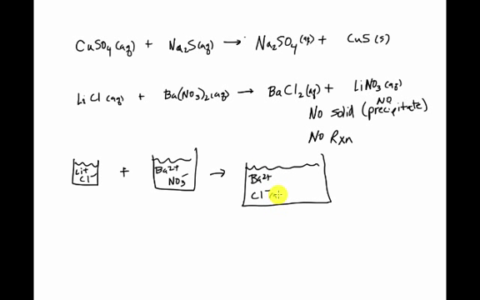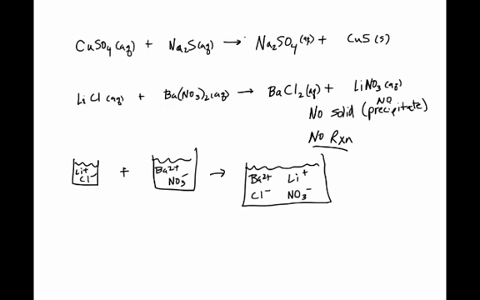Chloride is in solution, it's aqueous. I don't need to write AQ, but my lithium's aqueous, and nitrate's aqueous. So if we compare the before ions and the after ions, nothing's changed. So therefore we would say no reaction. RxN is my abbreviation for reaction, in case you're wondering what that was.